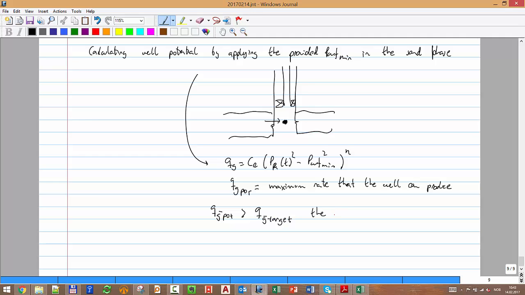The target rate provided is feasible, and I'm happy. On the other hand, if the QG potential is less than the QG target, that means I cannot produce the target rate provided, right?